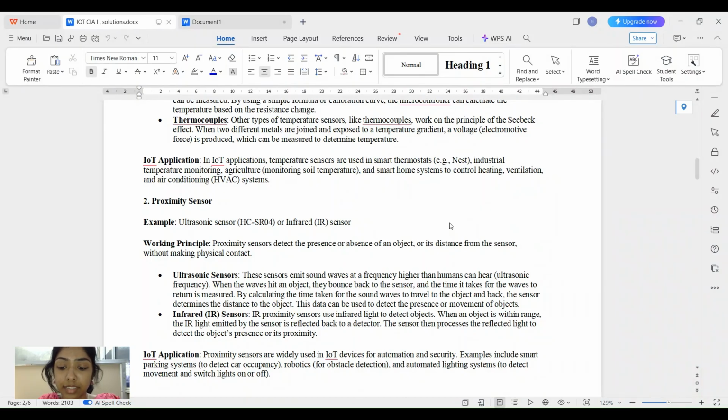It has detected that physical movement or motion, and through the help of electrical signals, your light gets on automatically. This works on the basis of sensors and actuators. The sensor detects the movement of the object, and the actuator will trigger and switch on the light. This is the concept behind sensors and actuators.